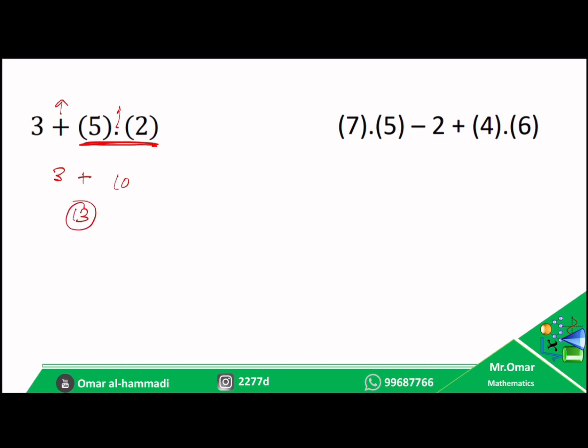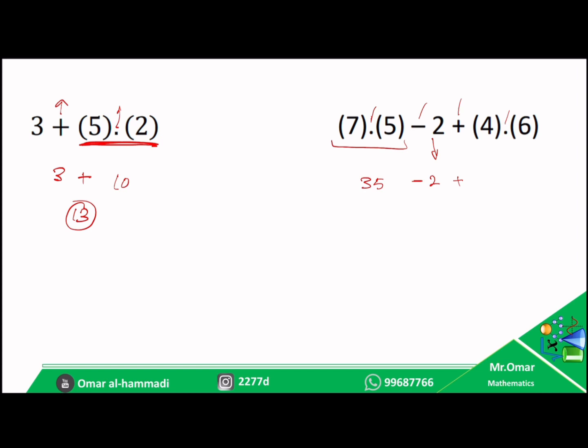The other one, we have a dot, which is a multiplication, and we have subtraction and addition, and again we have multiplication. So we will start with the multiplication. 7 multiplied by 5 will give us 35. Then minus 2 plus 4, we will do it later.